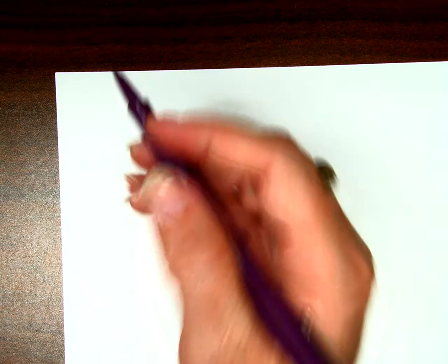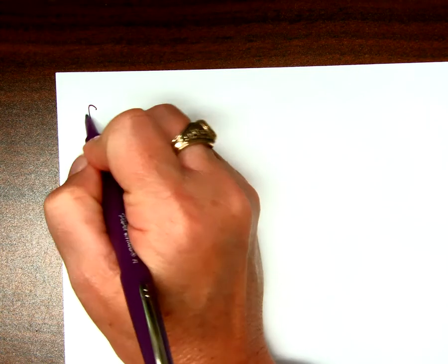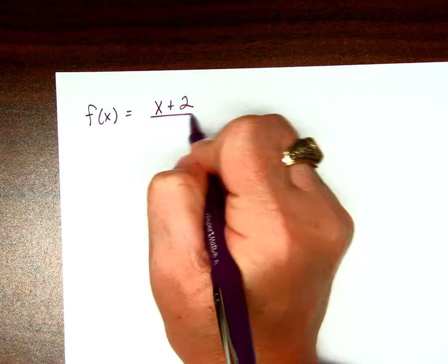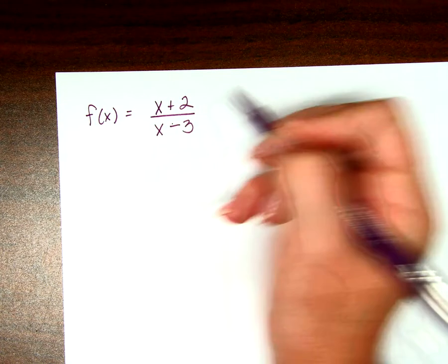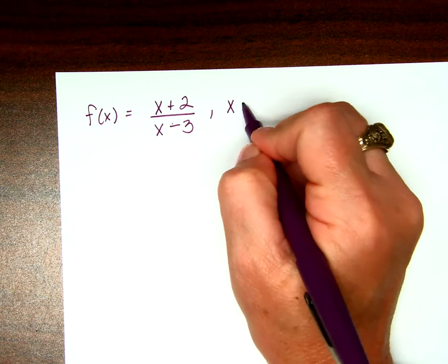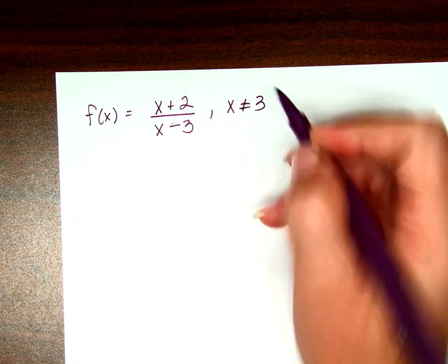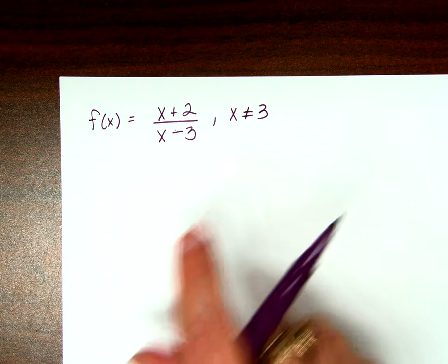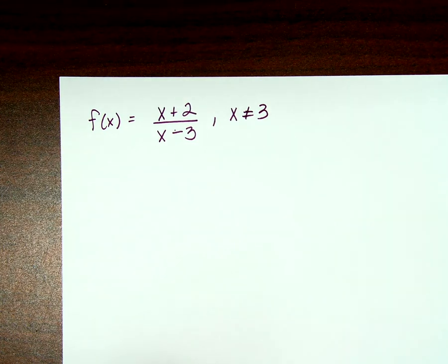Let me do one more. Why do I have to be clear that I'm telling you that x is not equal to 3? Yeah, that would make the denominator equal 0, and then we couldn't have this function at all.